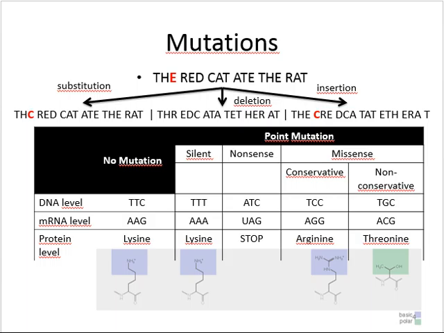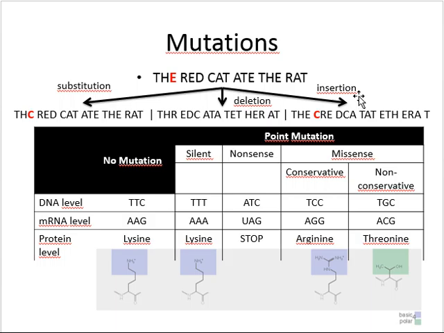These mutations, like deletion and insertion, cause changes from the place where they occur until the end of the sentence, like until the end of the transcription. So the protein will be all different from the place where the mutation occurred in the gene.